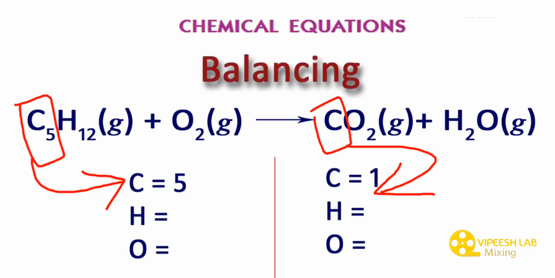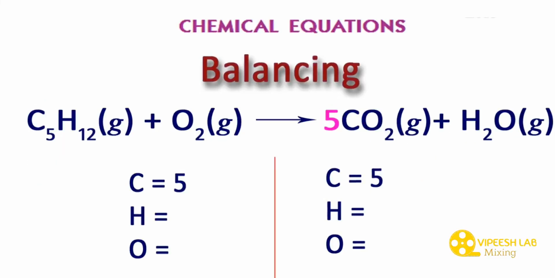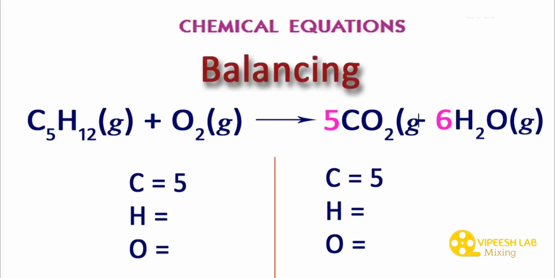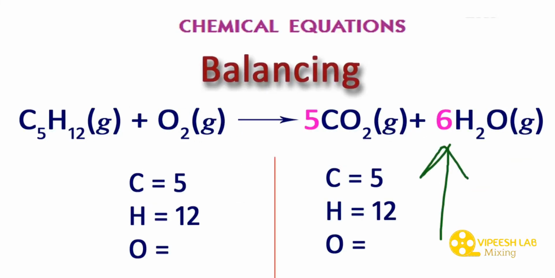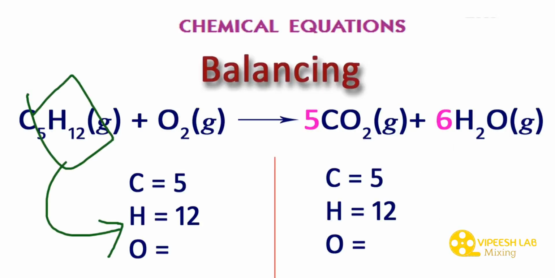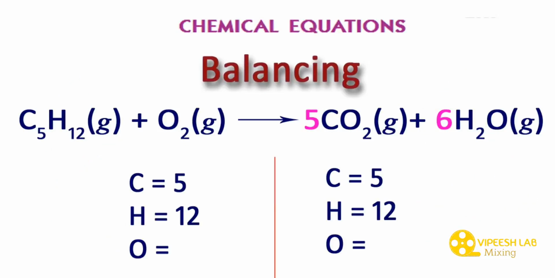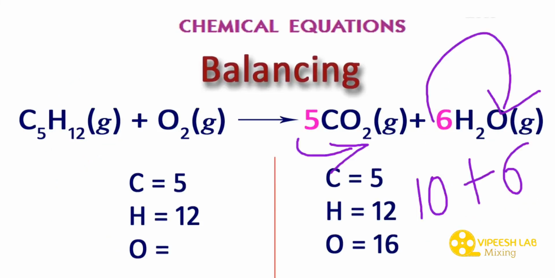Look at that, carbon 5 in LHS and only 1 in RHS. So when we add a coefficient 5 on the RHS side, it will be balanced for the element carbon. Next one, when we add 6 for the hydrogen on the RHS side, it will be 2 into 6, 12, the same as the LHS.